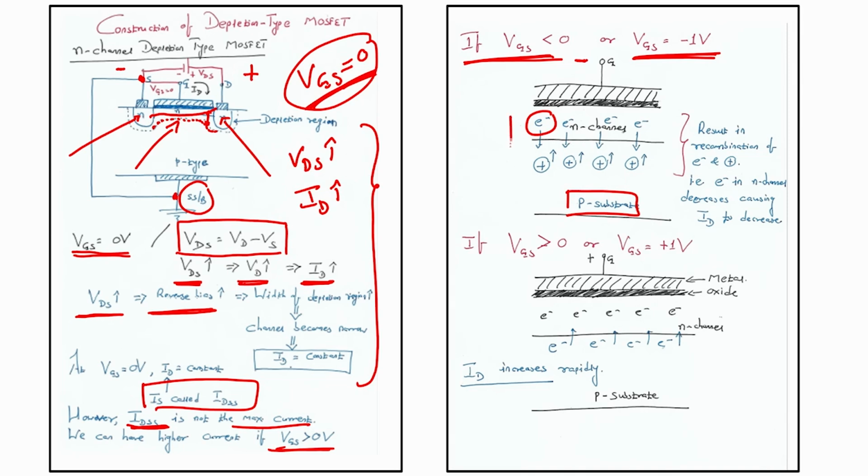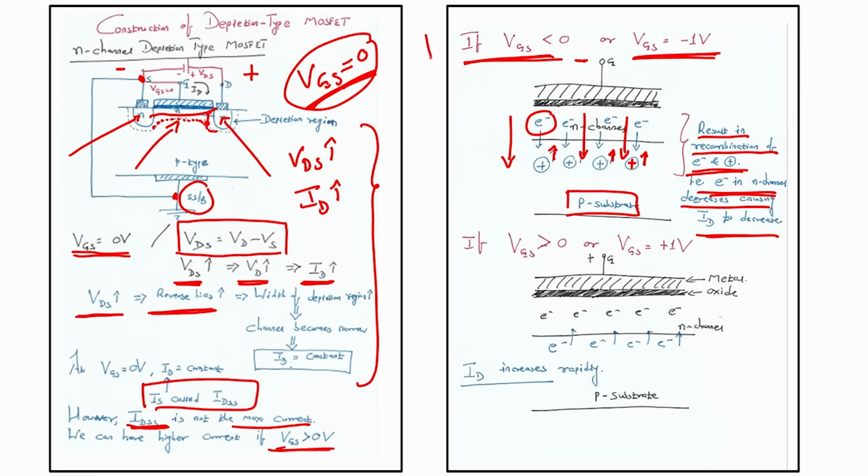So, electrons will come down, they will be pushed down like this, and because a negative charge is there, holes, which have positive charge, that we know, will be pulled up. Electrons will be pushed down. This will result in recombination of electrons and holes, that is, electrons in the n channel decrease, which causes ID to decrease. So, you get it, right.